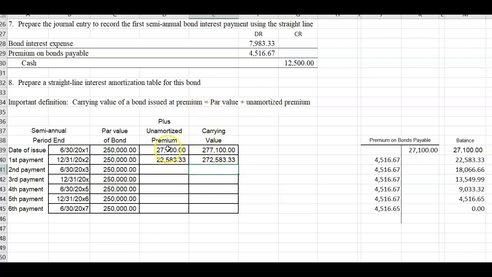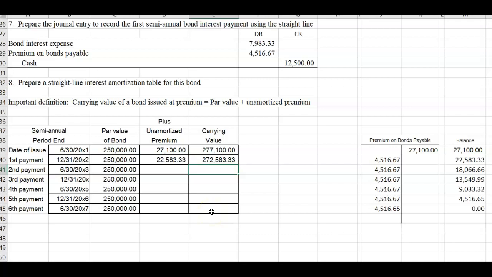Notice that the unamortized premium is getting smaller and smaller till it disappears and turns into zero. And the carrying value is going to get smaller and smaller until it gets down to $250,000.